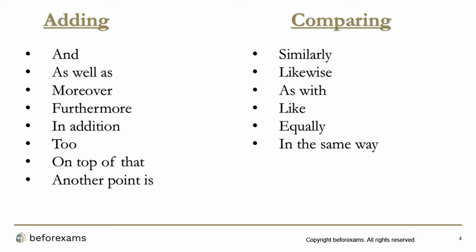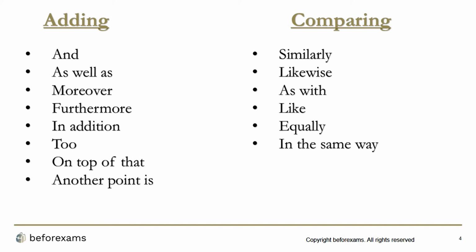The commonly used comparing connectors are similarly, likewise, as with, like, equally, in the same way. Same here, you have to make at least 2 sentences out of these connectors. It will help you to practice, and it will help you to develop a habit of using the connectors. So I would request you to make sentences of all the words.